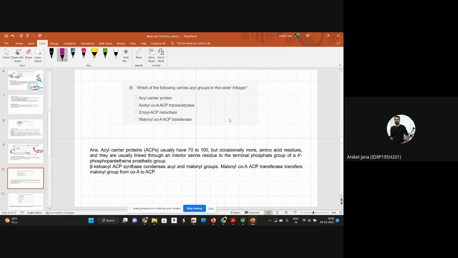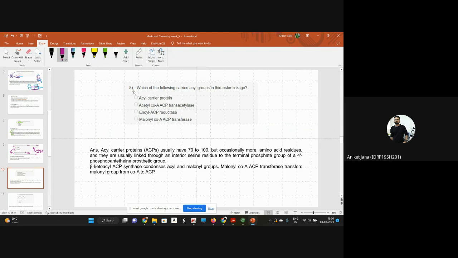Okay, now answer this question. Which of the following carries an acyl group in thioester linkage?